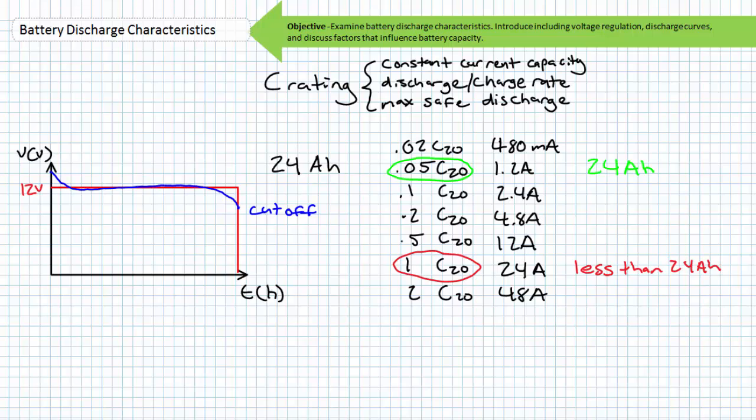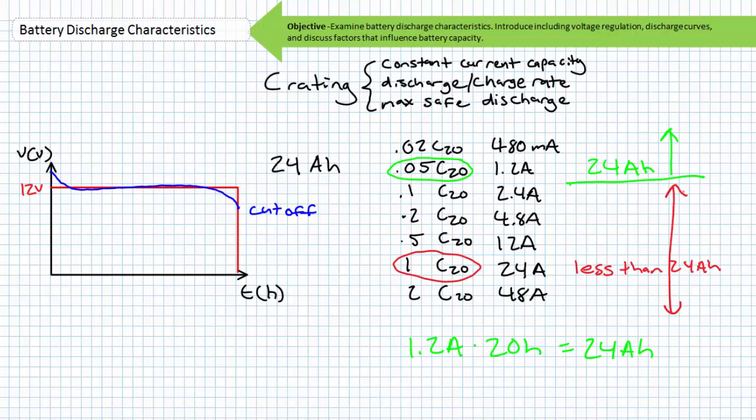The only way you're ever going to get 24 amp hours out of this battery is when you discharge it over a period of 20 hours. This means at the 0.05 C20 rate, where 0.05 is 1 over 20. 1.2 amps times 20 hours equals 24 amp hours. Any electrical load drawing more than 1.2 amps will deplete the battery faster and will most likely deliver less than 24 amp hours of energy.